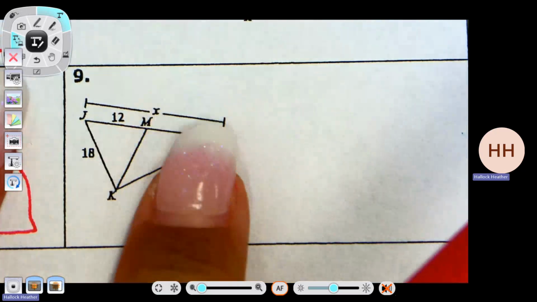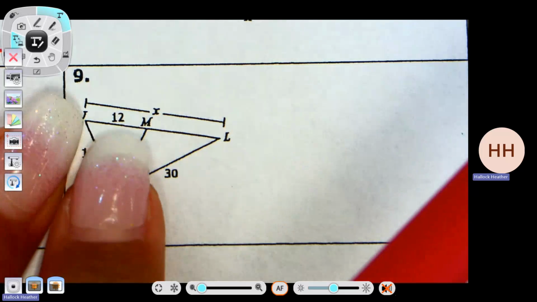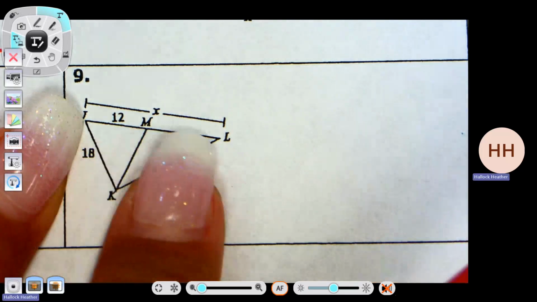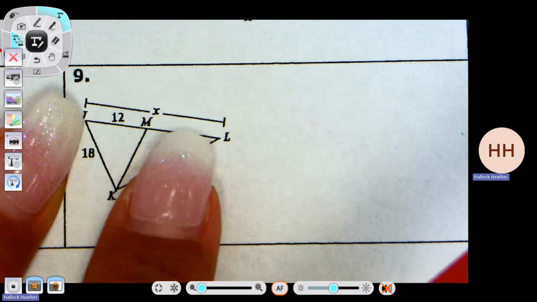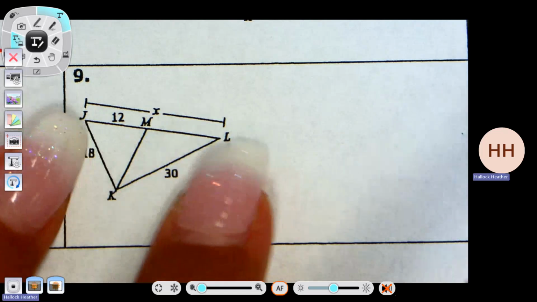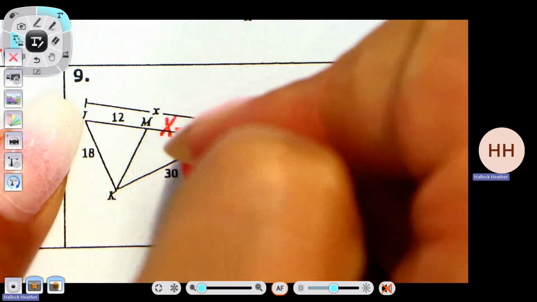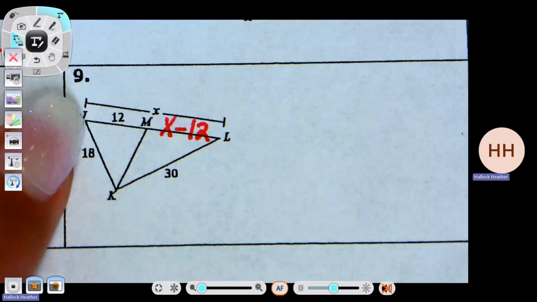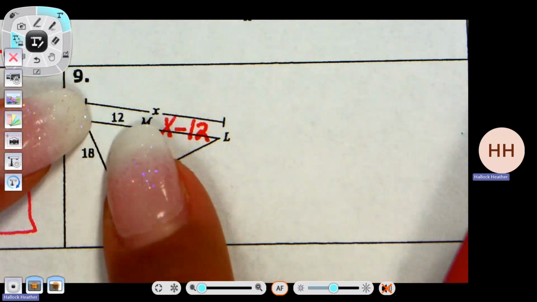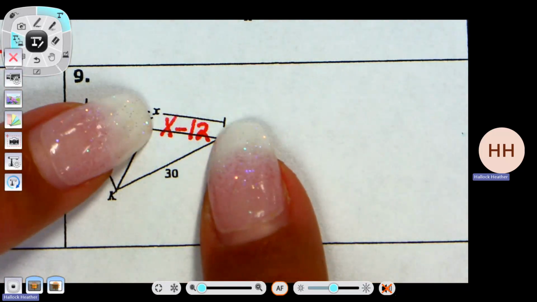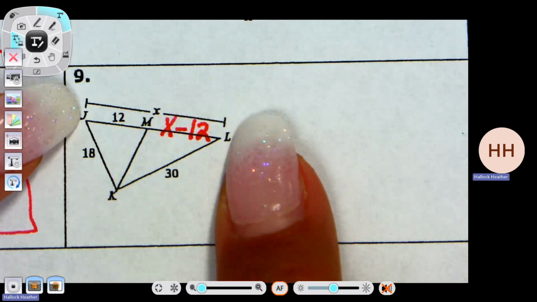This time, the whole thing is X. The little piece is 12. This other piece is not X. What would I write here to represent ML? If the whole thing's X, it's X minus 12. So on the back side, whatever the big piece is, if it's the number and the little piece was X, it would be big minus small. In this case, it's X minus 12 because X represents the big piece.